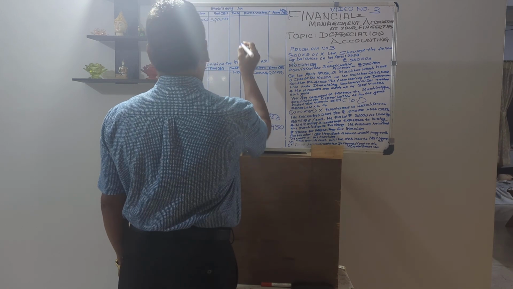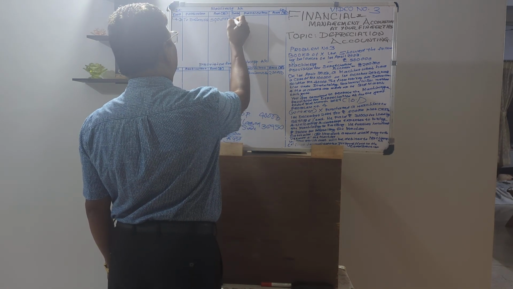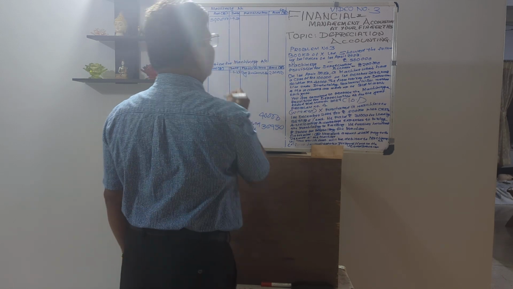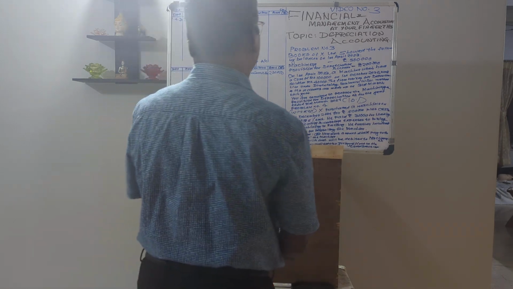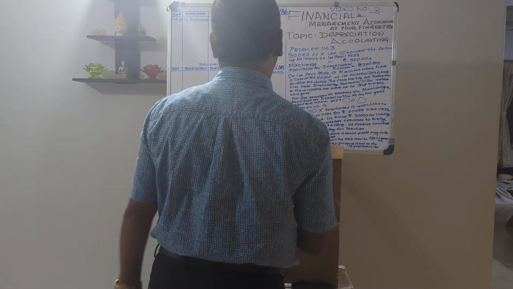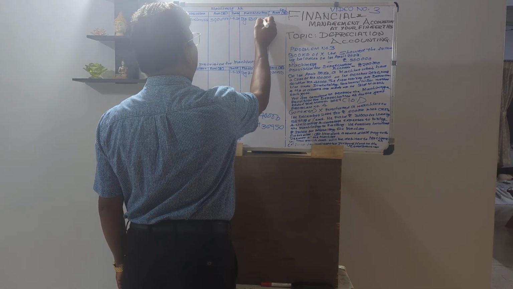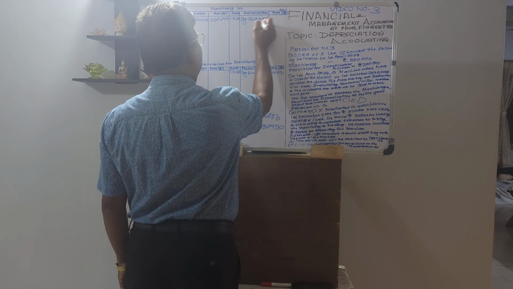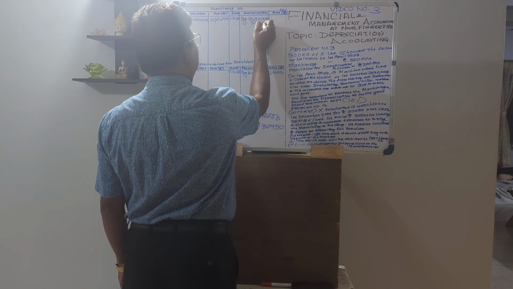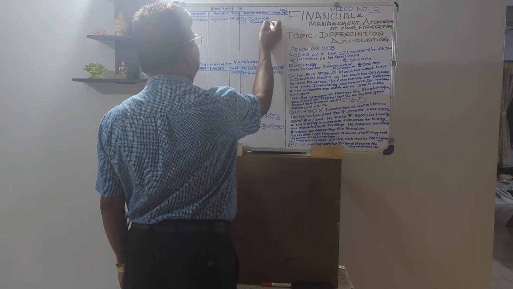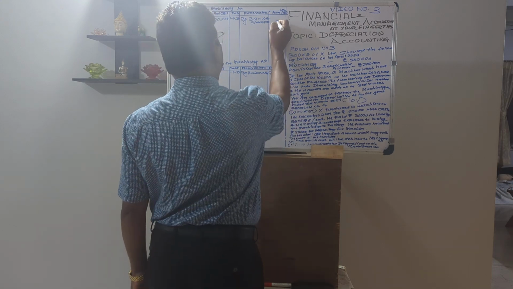So here on 1st April 23, the firm, Mr. X, is selling the machinery. So by bank account, that is sales proceeds, he is selling for 40,000.